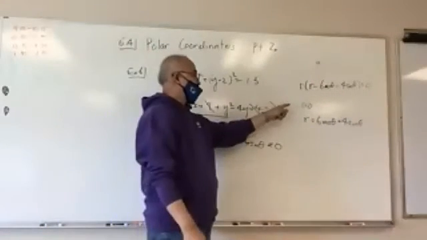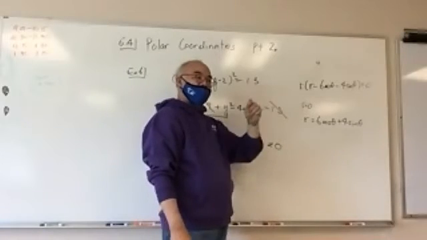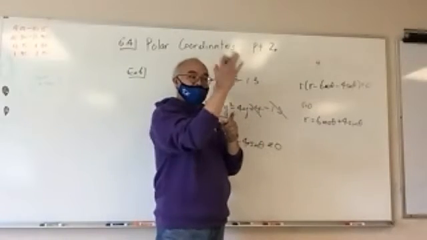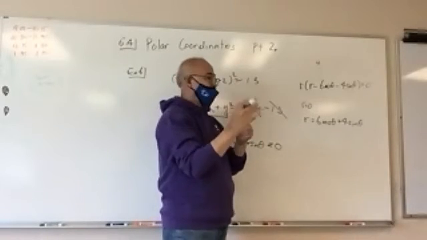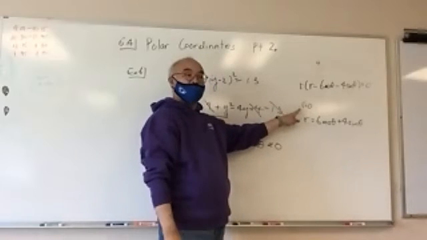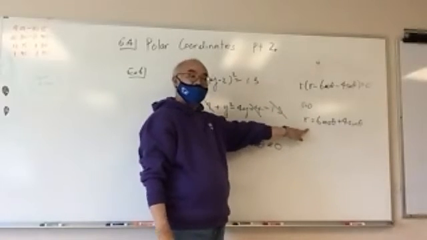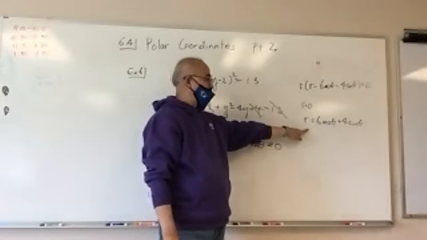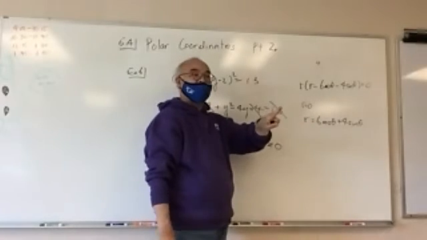What is r equals 0? r was the magnitude of the thing, right? So it's basically the origin. This is just a single point, right? So this is going to be your true answer here. So graph that.